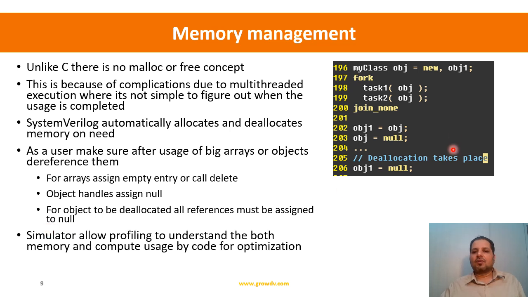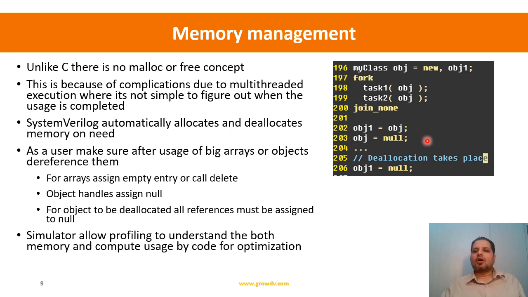For example, here I am saying obj1 equal to obj, so I am assigning this handle. Then I am saying obj equal to null. What happened is, when I said new, an object got constructed and the pointer to it is present in this handle obj. Now that pointer is also present in obj1. So two handles are pointing to the same object.